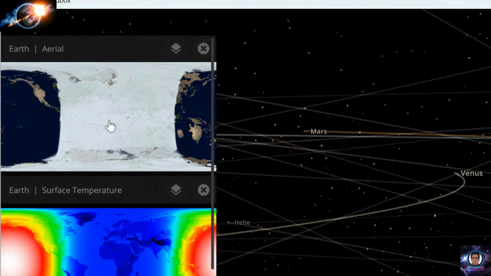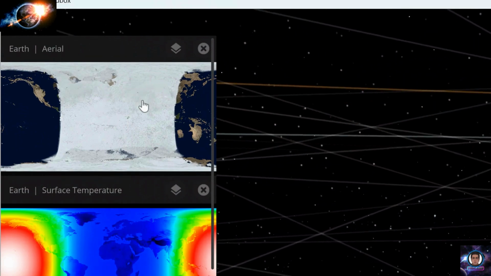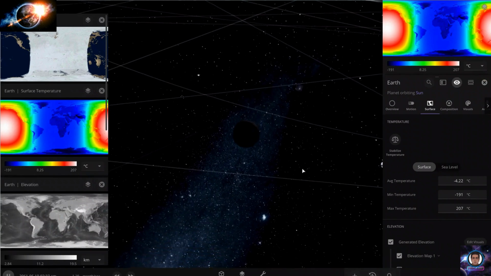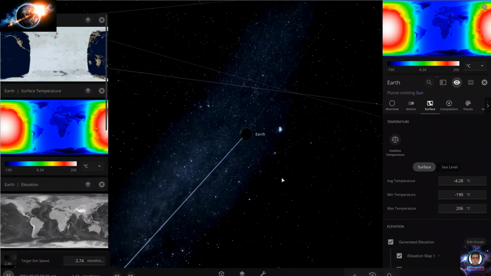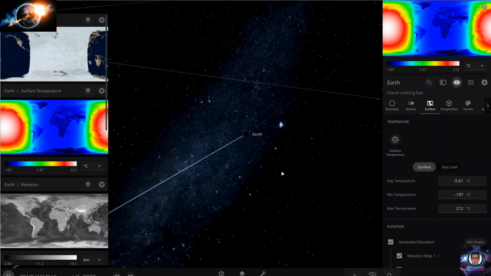And half of the planet would always be winter, always see the ice, and never see the light and shining of the star. Let's increase the simulation again and see how much further it can go.